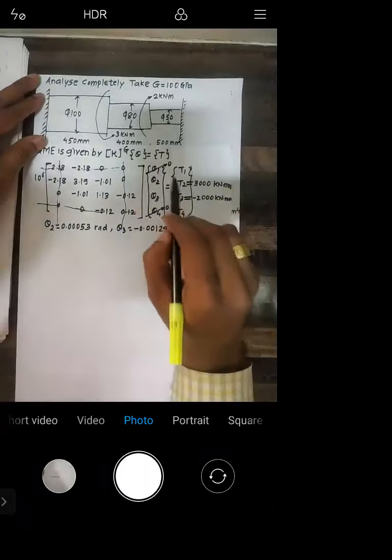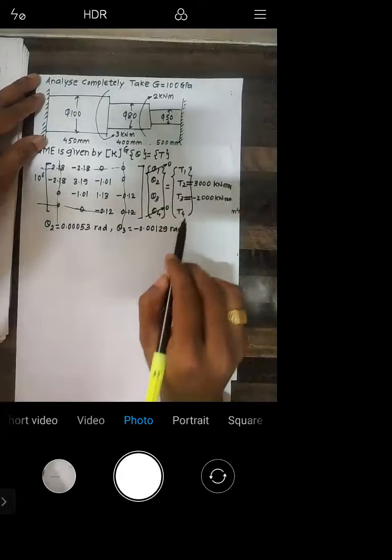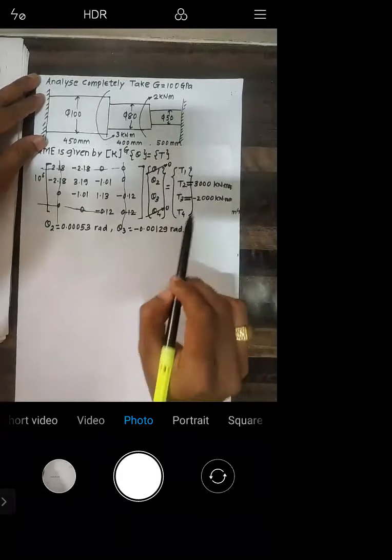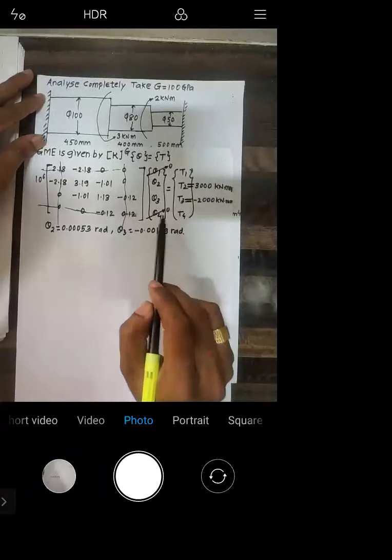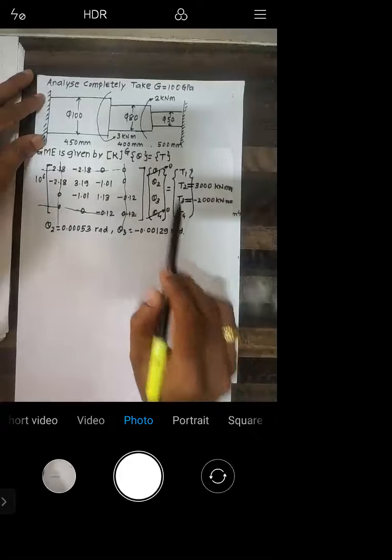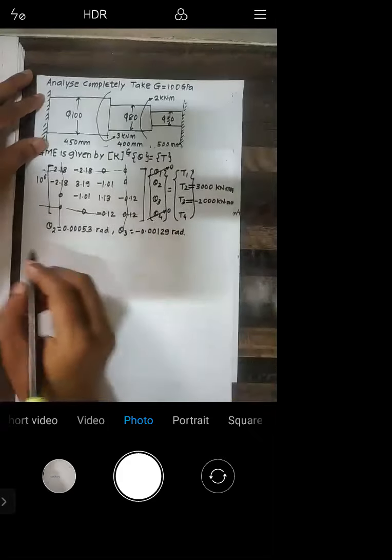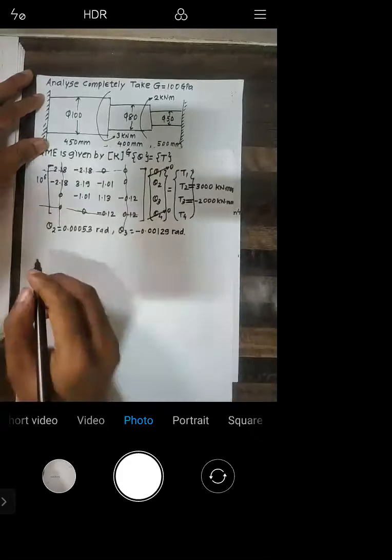So which are those reactions? These reactions are T1 and T4, right? The point where displacement is 0, at that point you get a reaction. So we are interested to get the value of T1. How will you do that? This first row multiplied by this column, right?